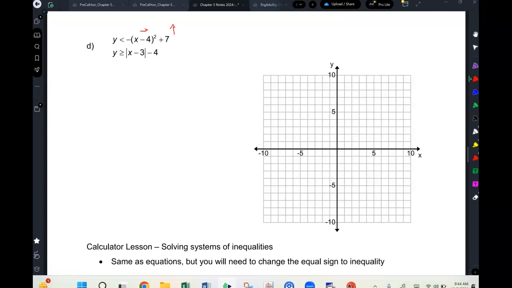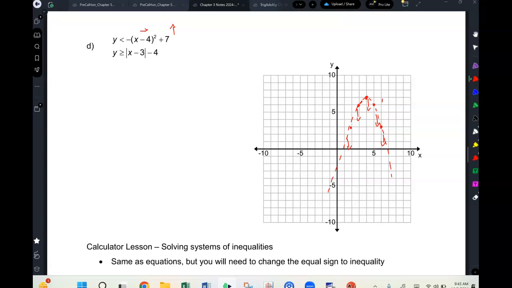Over 4, up 7. So now if I go over 1, I go down 1. If I go over 2, I go down 4. And so it's going to be a dashed parabola. And I'm going to shade below, which is here.